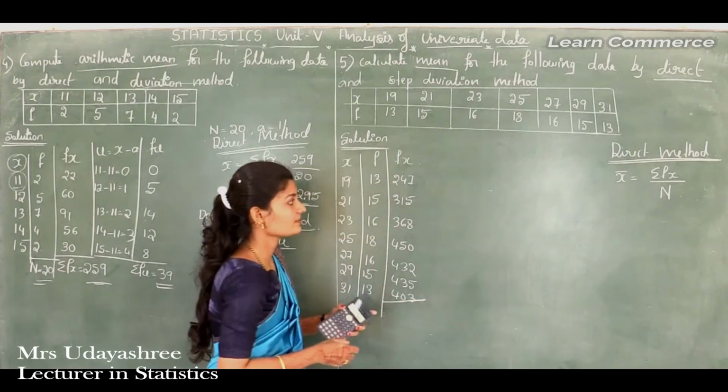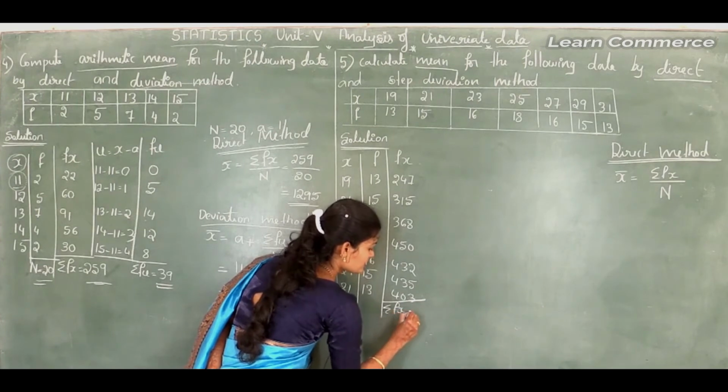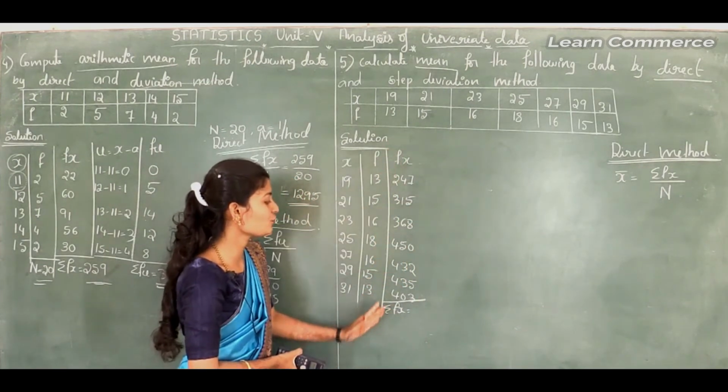So next, based on the formula, we need to find the sum of f into x. Here the f into x observations are there, and we need to find the total of this.